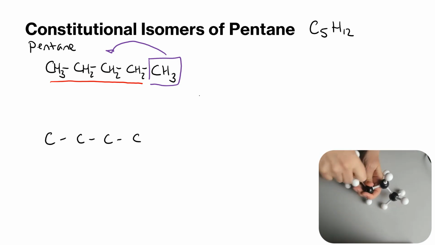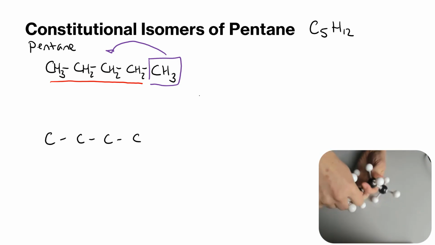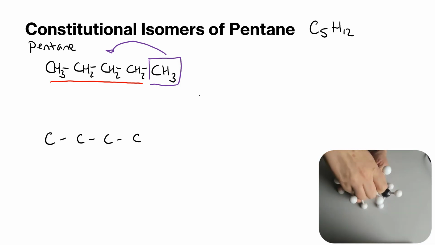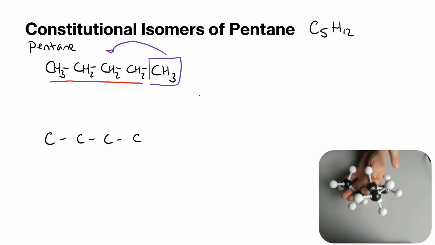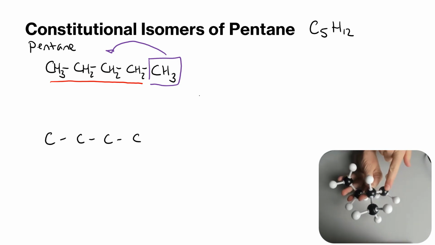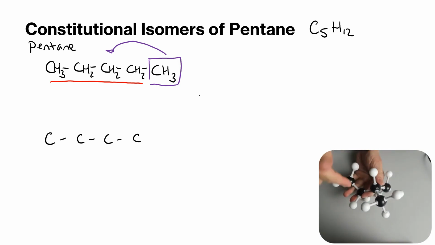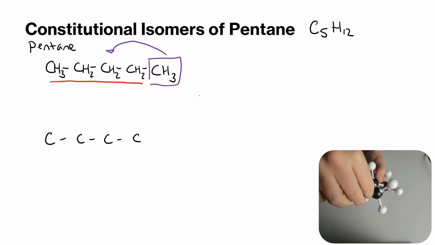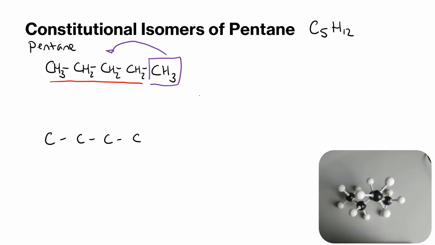If I had bonded on the other interior carbon, because of numbering rules, we would just number from the other direction. So this would have been carbon 1, 2. So either carbon puts that alkyl branch onto carbon 2. So it does not actually matter where it goes, as long as it's interior. If you have a longer parent chain, you may have different numbering patterns. So it's really important for you to check.